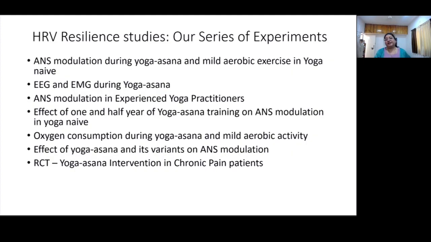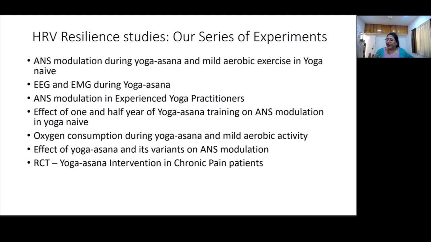Our own experience with these HRV resilience studies: we have conducted a lot of studies, especially process studies where ANS modulation was measured during a specific exercise or asana. We have also seen the effect of autonomic modulation in yoga naive individuals and yoga trained individuals, how the autonomic nervous system modulates in these two different groups.